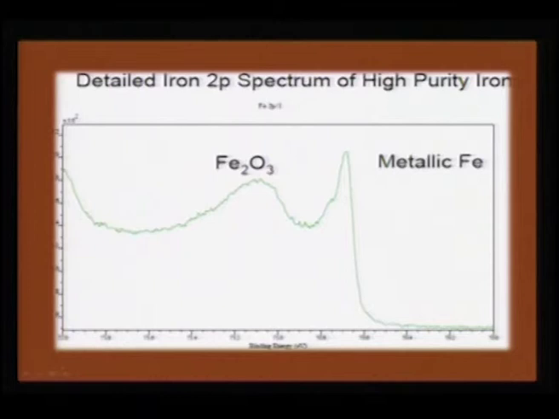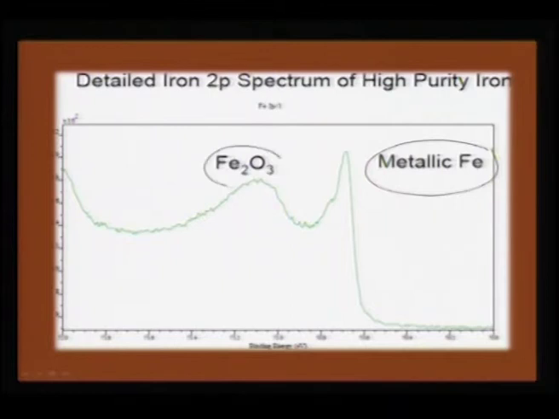In the next example, we will take a metal oxide in comparison with pure metal and try to see what the approximate shift is and what the nature of the shift is that you can expect. As you can see here, this is an iron 2p spectrum, and in this case you can see metallic iron shows a much sharper peak, but once we talk about oxides, or iron oxide, then we see a broader peak.